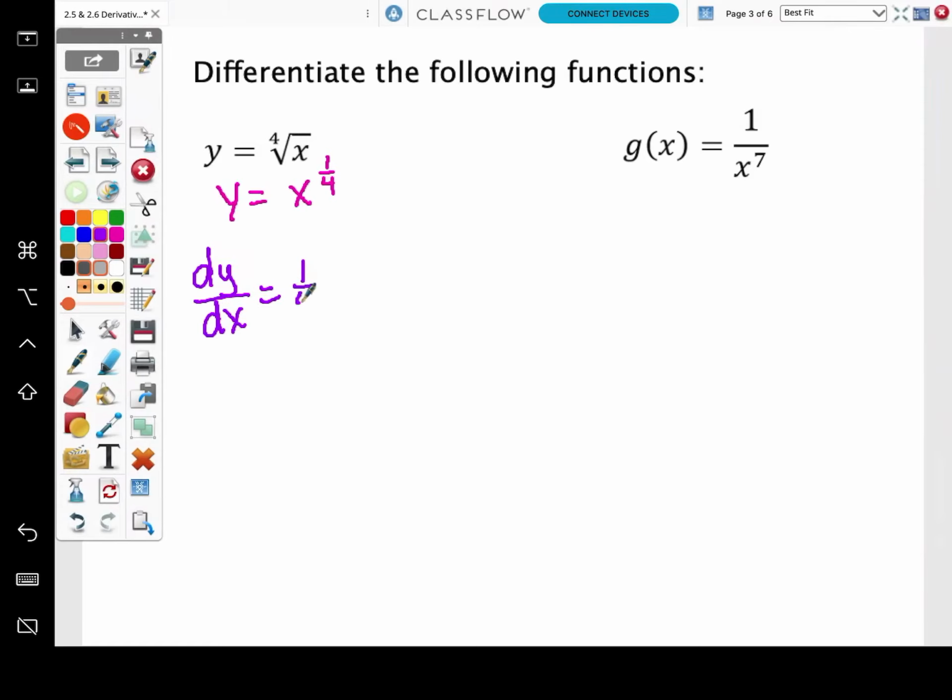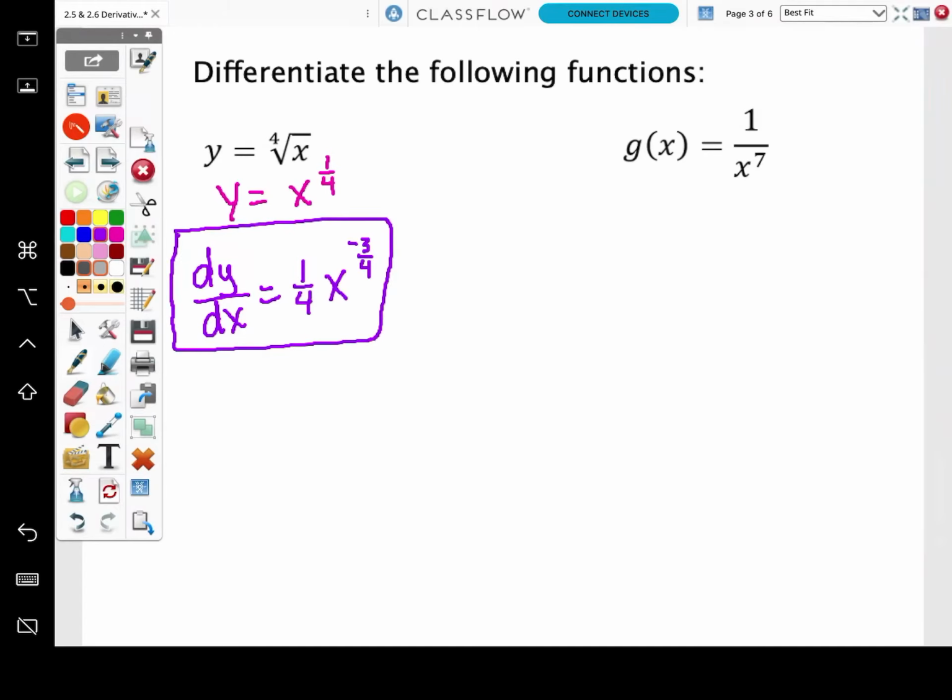So dy dx, derivative of that, same rule. Bring the 1/4 down front, power down front, variable decrease the power by 1. What's 1/4 minus 1? We would have a negative 3/4.